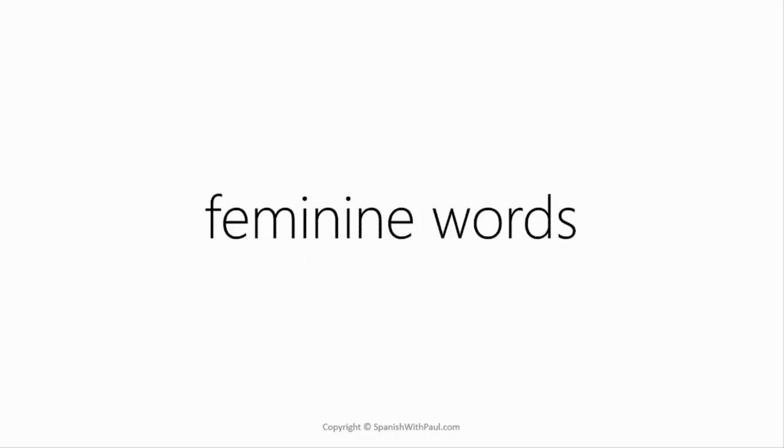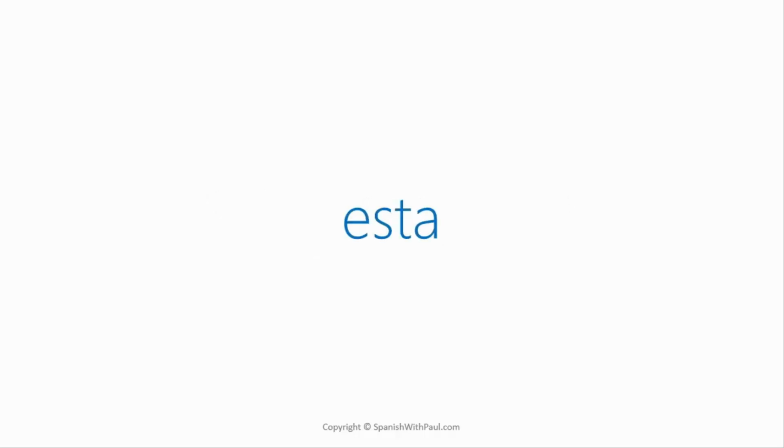For feminine words, we have to switch and we use esta, ending in an A. So we have the word for house, which is casa. Ending in an A, it's a feminine word. So to say this house, we would now switch to esta casa because we're matching it, right?